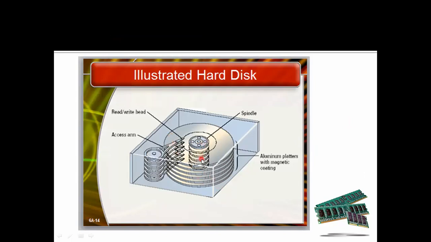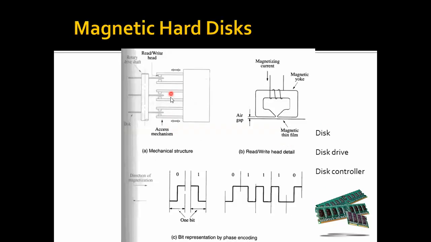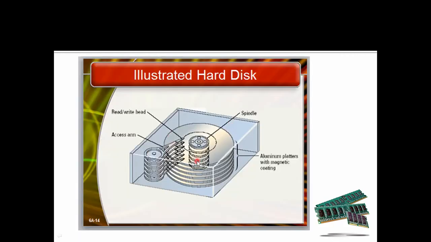See here, this is the shaft, the internal shaft. These are the disks we connect to this shaft. This is disk 1, this is disk 2, disk 3, disk 4, disk 5.